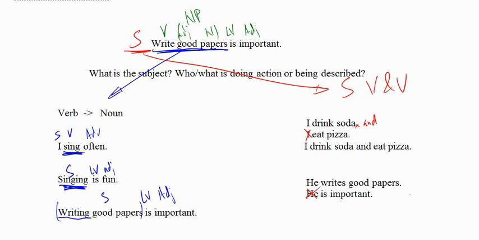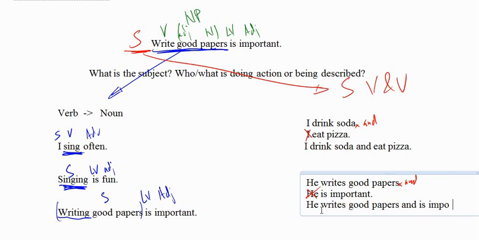Have them go through the process of creating that sentence, and in the end, what should happen is they come up with this sentence: He writes good papers and is important. So this second concept is based off of the list idea, which is actually something pretty important. So let's move on to our second example.